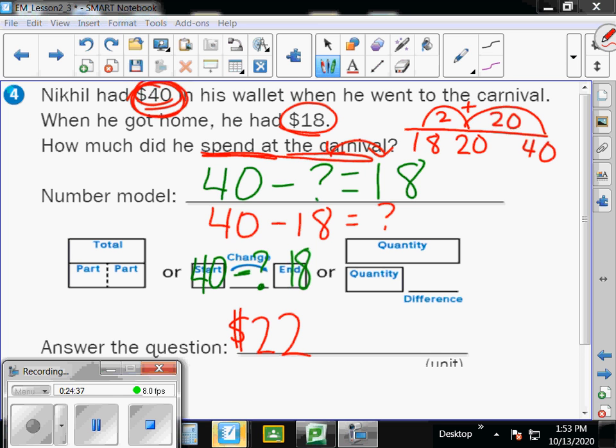Okay, so always stop to see, does my answer make sense for what I'm supposed to be doing? All right, guys, that is it for lesson 2-3. We're working on word problems. Draw a picture, use these diagrams so that you can sort out what you know and what you need to know and figure out which operation you need to use.